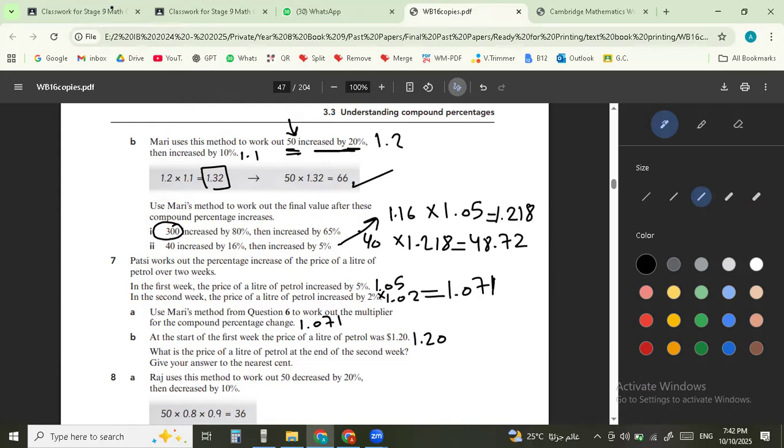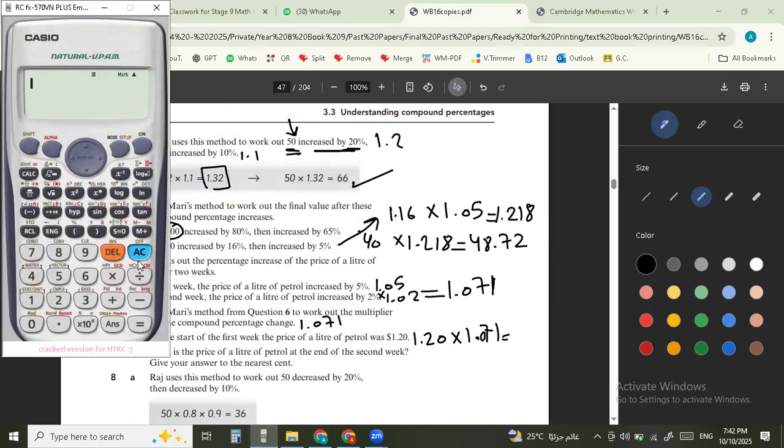I already found the compound multiplier, which is 1.071. I'm just going to multiply by it, which will give you the new price after the two increases.